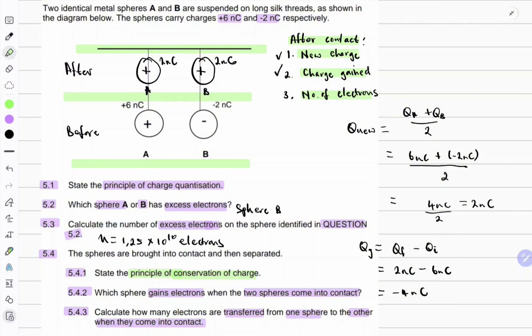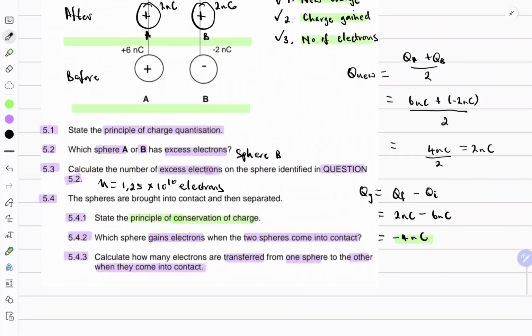And this just confirms that the charge gained is negative. It tells us that sphere B transferred a lot of electrons to sphere A because it dropped from 6 to 2. So it gained a net charge of negative 4 nanocoulomb. From this we can work out the number of electrons by using the principle of charge quantization.